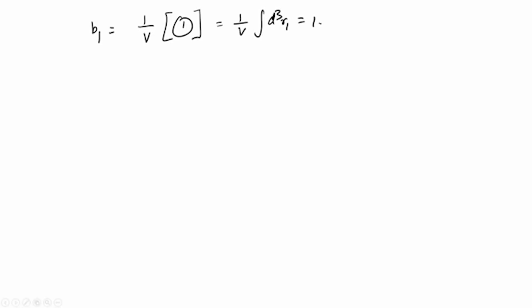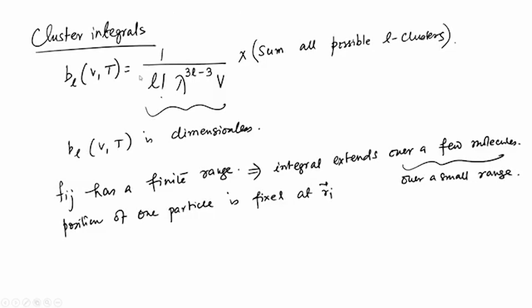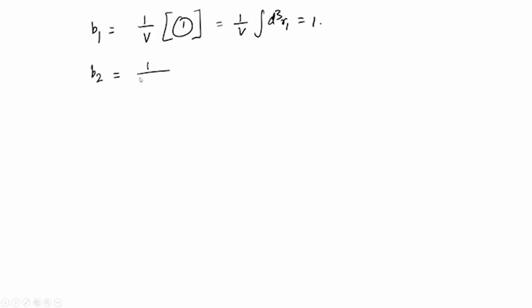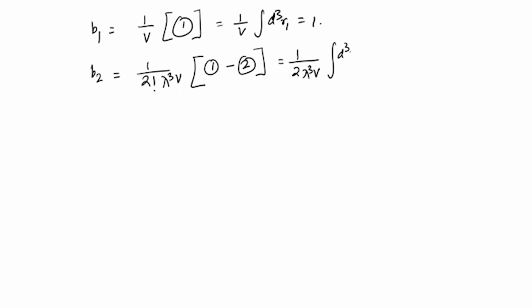So, b1 equals 1, and we can calculate b2. b2 is 1 by 2 factorial, and we have a lambda cube V, and then we have a connection of this kind, which is the 1 and 2 connection, which is equal to 1 by 2 lambda cube V, and then we have this integral, which is d cube R1, d cube R2, and f12.